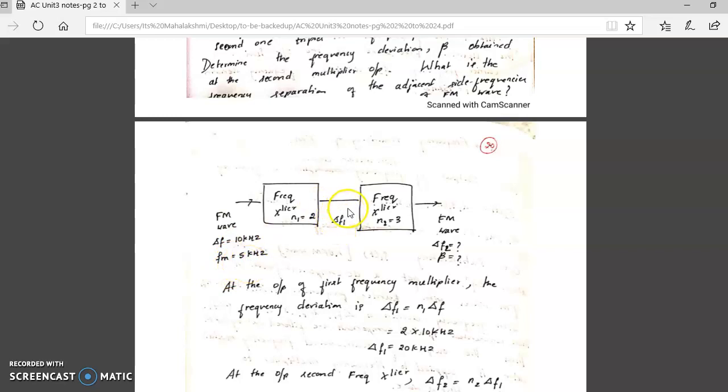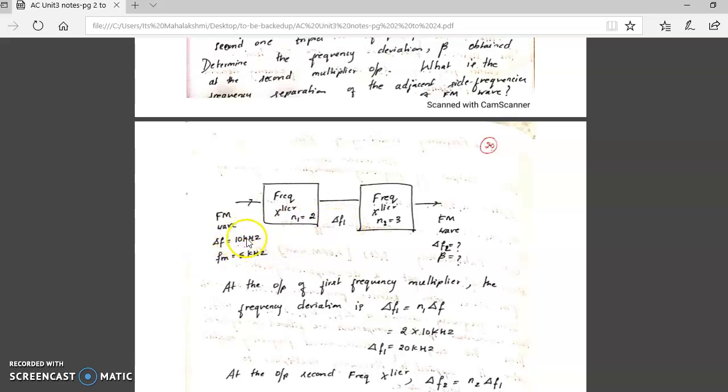Now, what will be the intermediate signal at the output of first frequency multiplier? That is the question. See, let us call this factor as n1. So n1 is equal to 2. So as I have already explained, at the output of frequency multiplier, the frequency deviation should change. Okay.